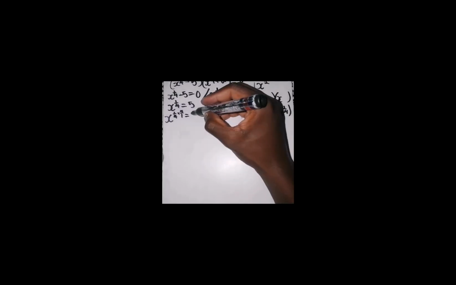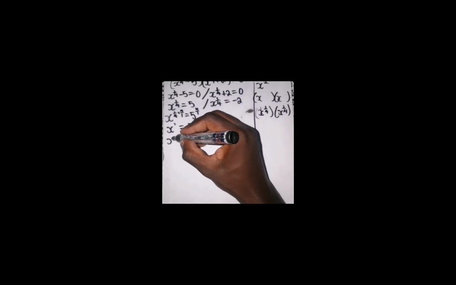Whatever you do on the left hand side, you do on the right hand side. So 5 will also be multiplied by 4 over 1. So now you have x to the power 1, which is exactly the same as x, is equal to 5 to the power 4. Now in the final answer, you'll have x is equal to 625.